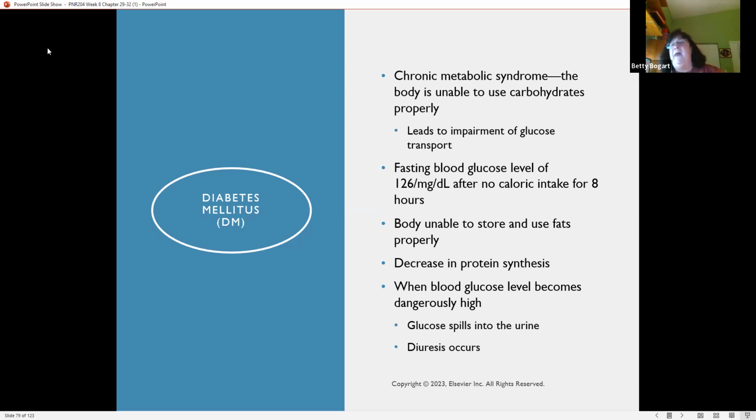So when the body can't have sugar because it can't digest it, what does it do? Well, it's going to start eating proteins and fats. And the blood sugar is just going to be everywhere in the body, and you're even going to see it in the urine.